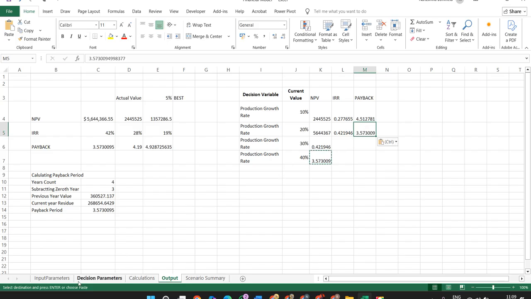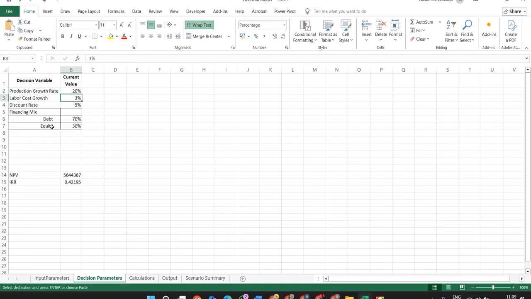So maybe I will take 30%, maybe a negative value I will take. I will reduce the value so I can understand it in a better way.